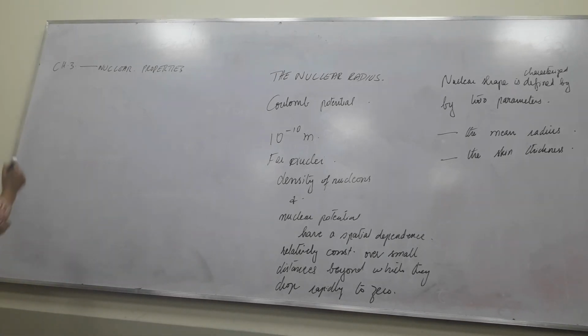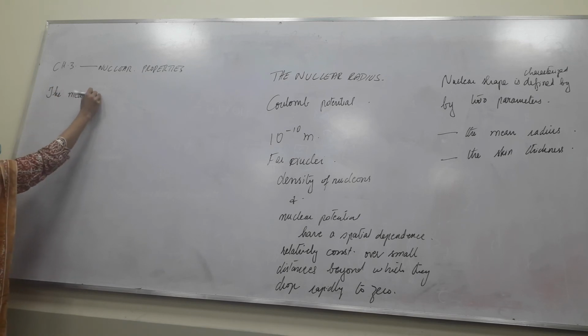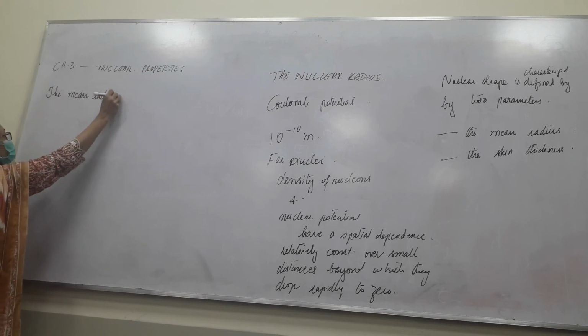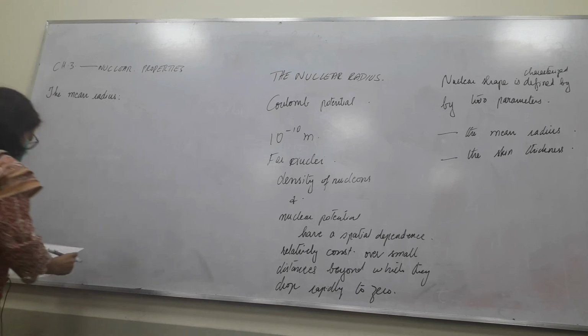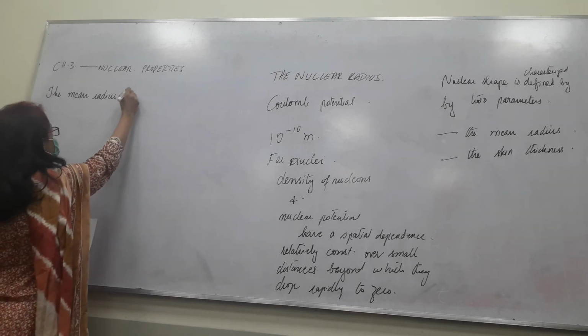So, the mean radius is where the density is half its central value.